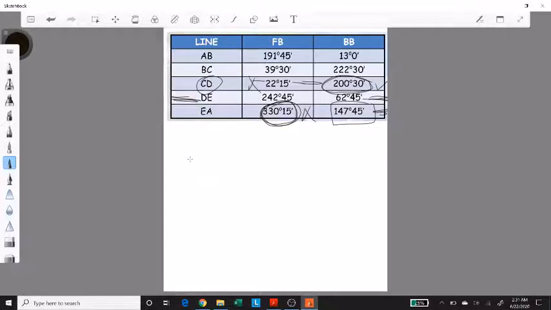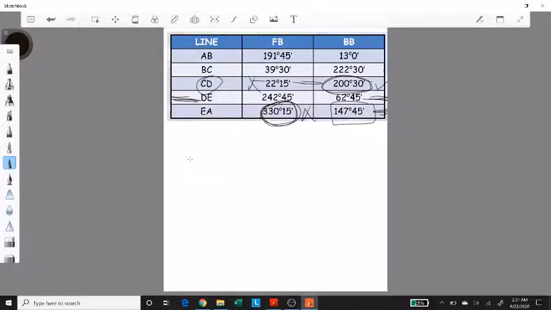So whatever reading you take from those points, every reading would have the same error. So if we can find out the value of that error, we can subtract or add it in all the readings we took from that point, and then all the bearings would be free from local attraction.